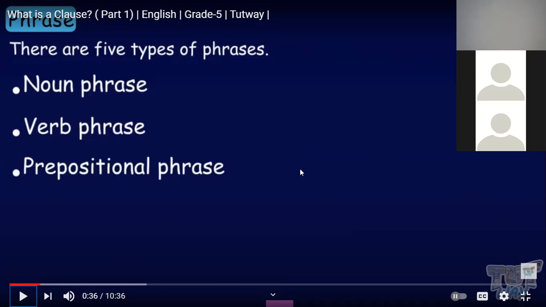So the prepositional phrase starts with what? With a preposition, such as to, in, on, for, from, with, and so on.